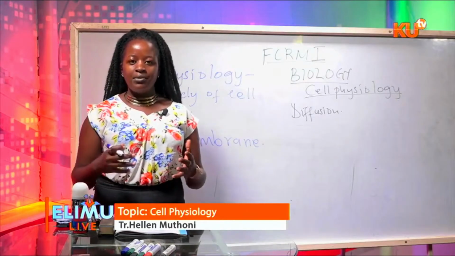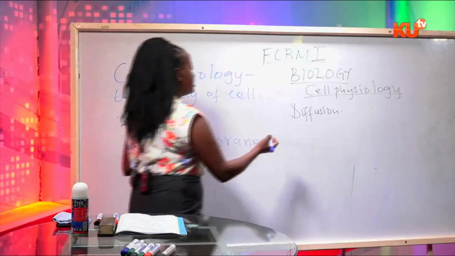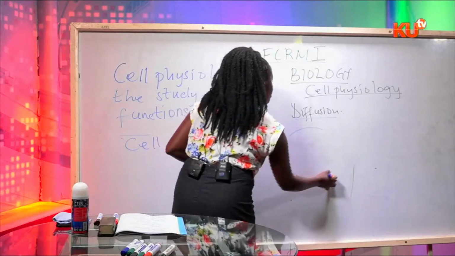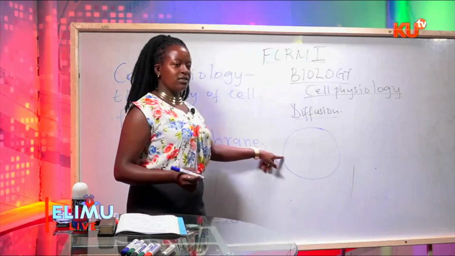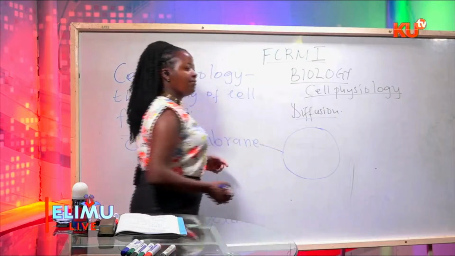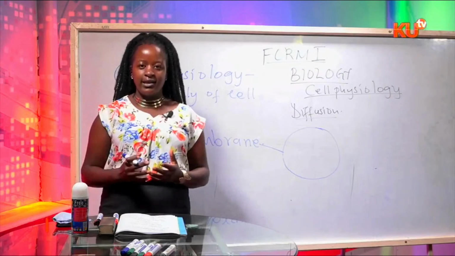The cell membrane binds the cell or surrounds the cell. If this is our cell, for example, the outer part of it is what we call the cell membrane. So this is the cell membrane. It surrounds the cell.